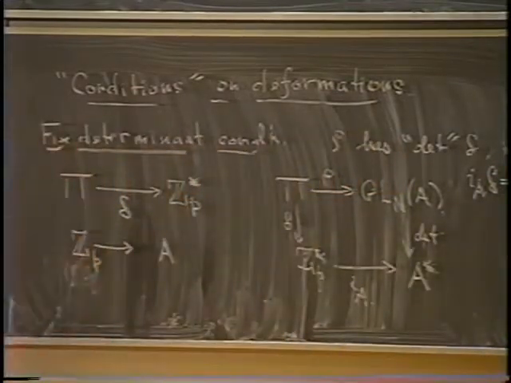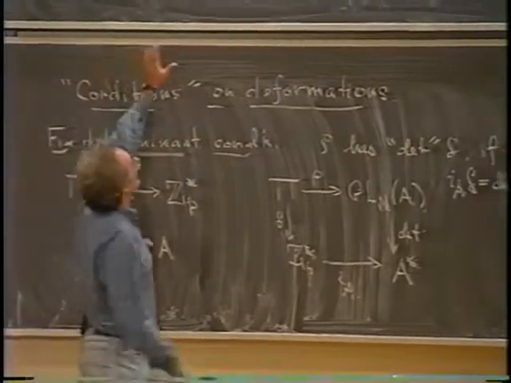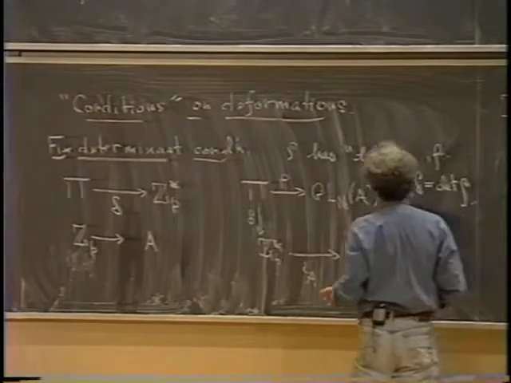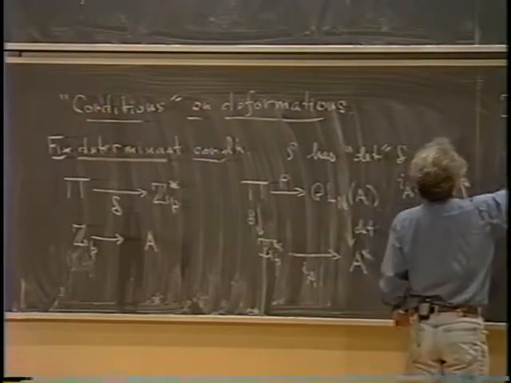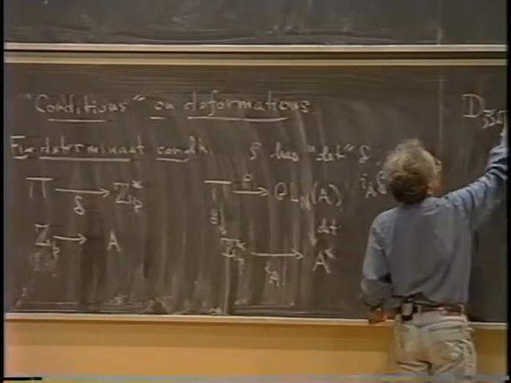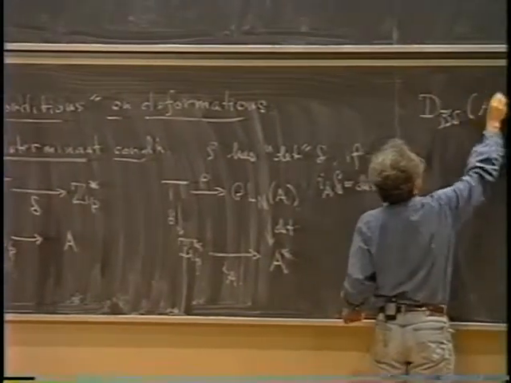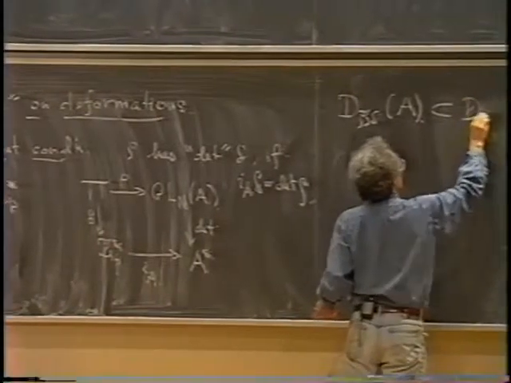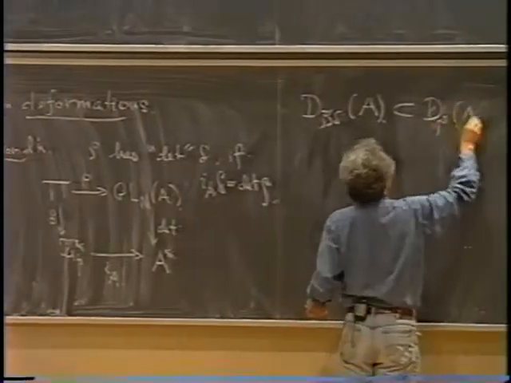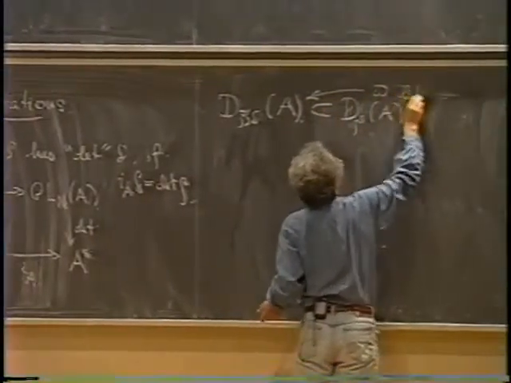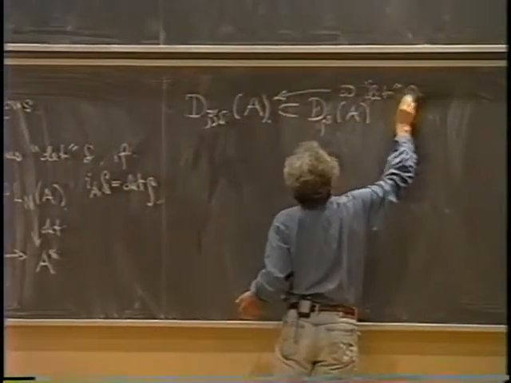Now that's a condition. We can impose that on our functor. That is to say, we certainly can ask that a deformation have determinant delta. So we could write D_rho bar^delta of any A to be the subset of representations, those with determinant, quotes around it if you wish, delta.